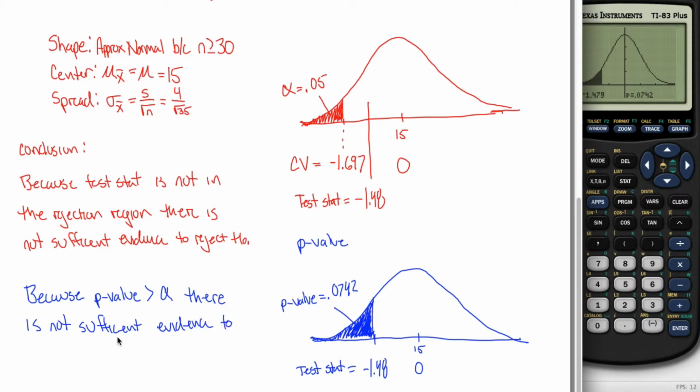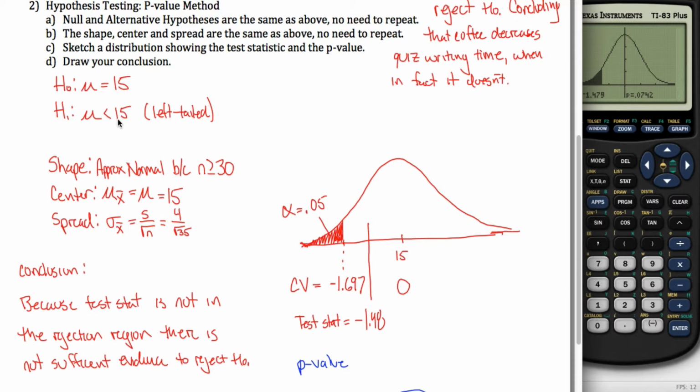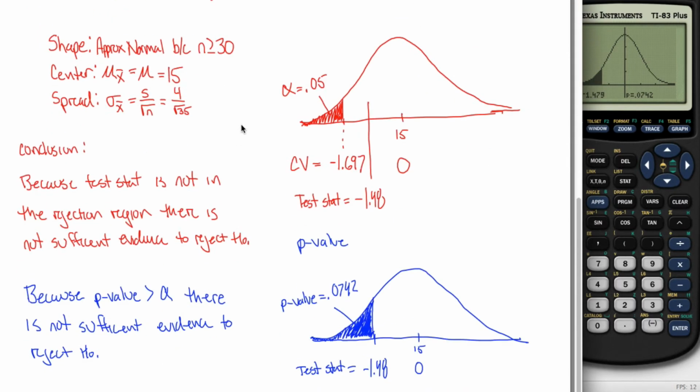Quick summary: had my test statistic been in the rejection region, I'd say there is enough evidence to reject the null hypothesis and conclude that coffee makes my quizzes go faster.